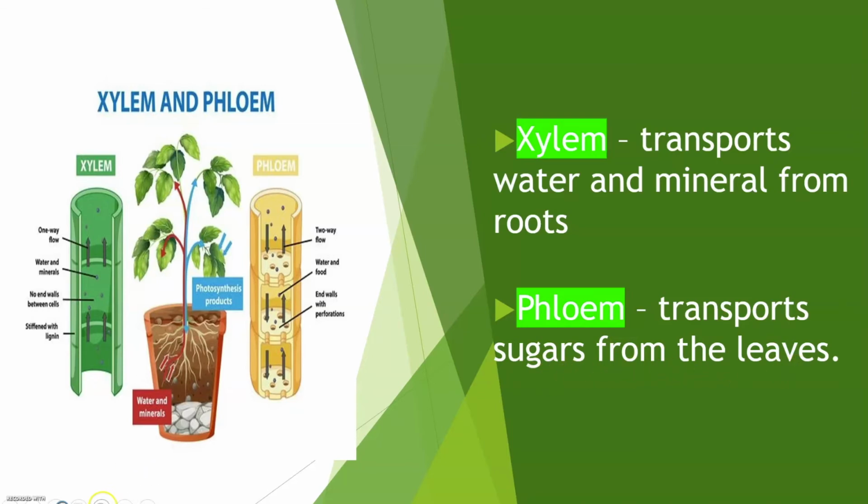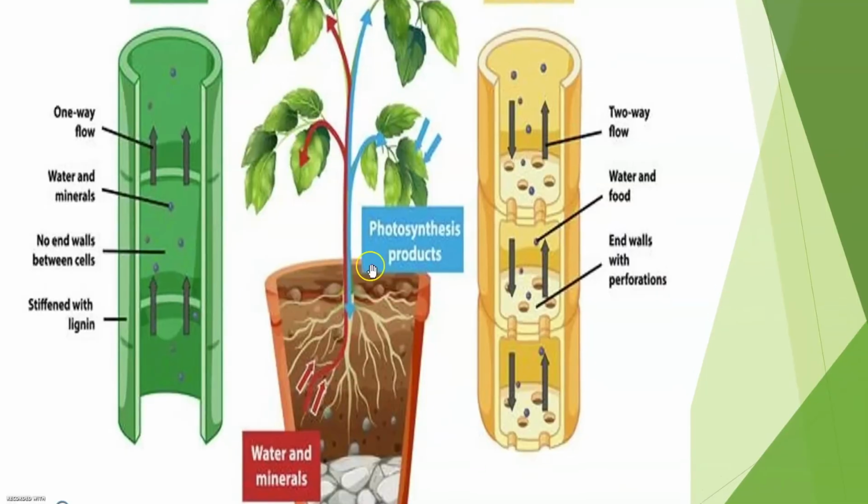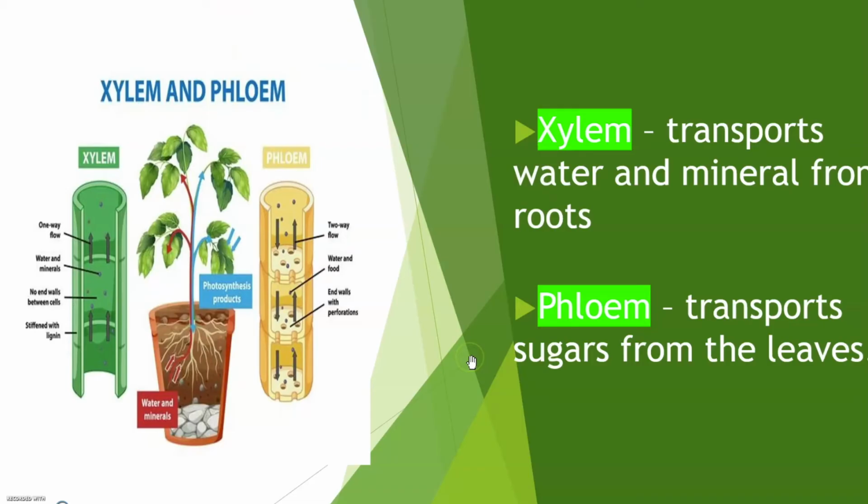Let's take a look at the picture again. The phloem is the blue arrows. After producing the food, which is the sugar from photosynthesis, the phloem will take the food throughout the plant, going through the roots and also to the stem of other branches. So that is the phloem.